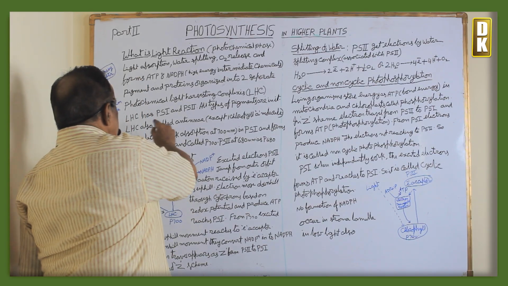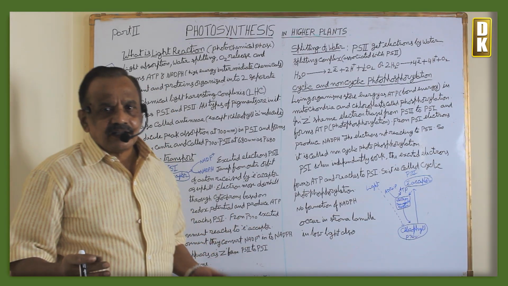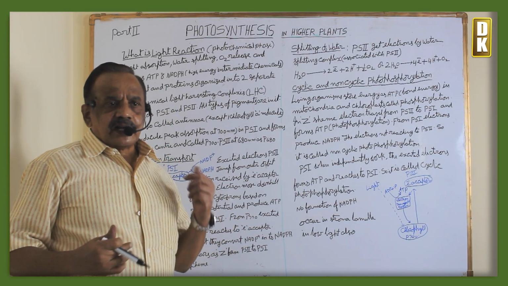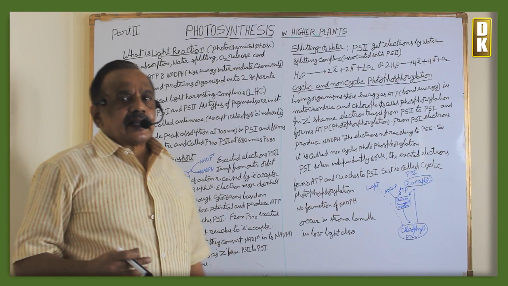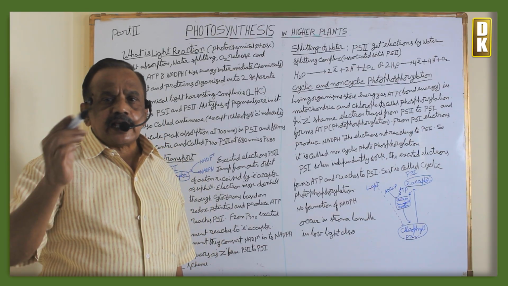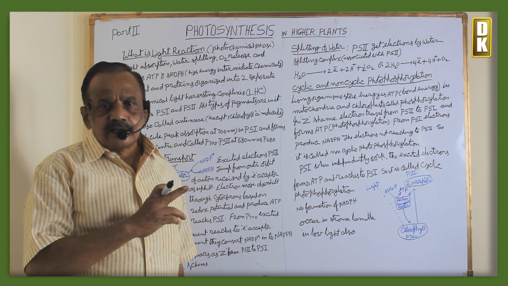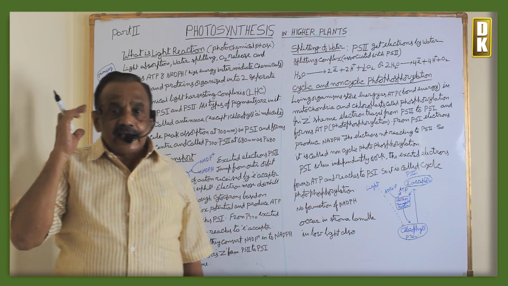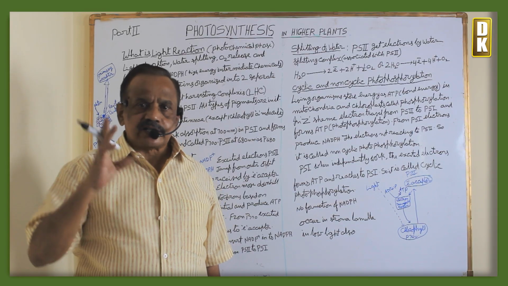So what do photosystem 1 and photosystem 2 contain? The light harvesting complexes contain all types of pigments, which you already learned: chlorophyll a, chlorophyll b, carotenoids and xanthophylls.